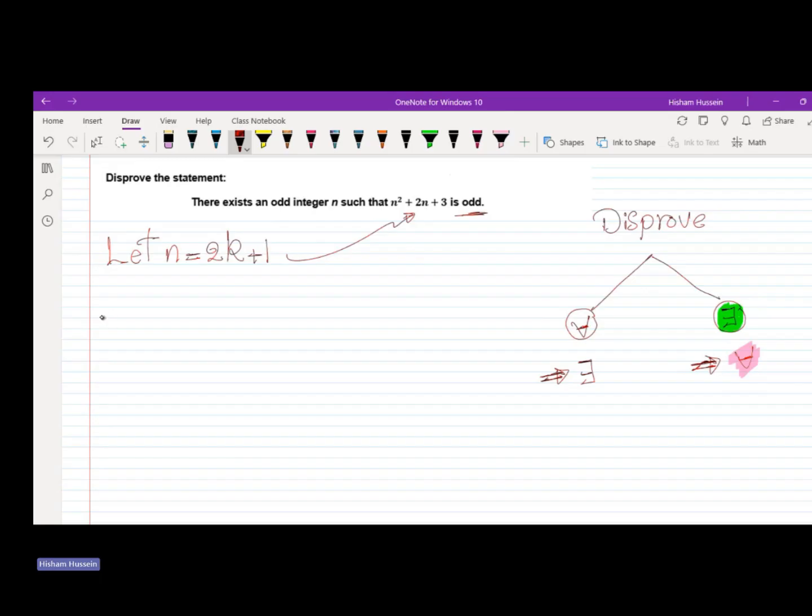So n squared plus 2n plus 3 will be (2k plus 1) squared plus 2 times (2k plus 1) plus 3. Then just expand. You will get the first squared, 4k squared. First times second times 2, this is 4k, plus the second squared, plus 1.